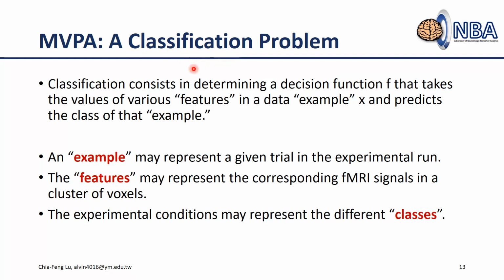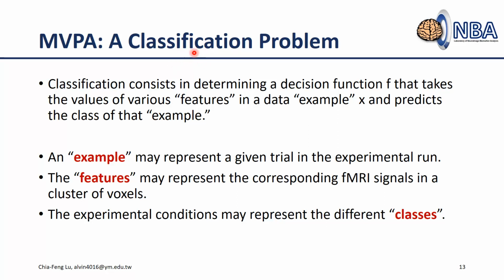When we say classification, it's definitely related to machine learning. We can use the voxel activation pattern as the feature, then do the classification. Definitely, you need a sufficient sample size to train your machine, but eventually you will have a machine that can help you differentiate what kind of state it is, whether truth or lie or anything.